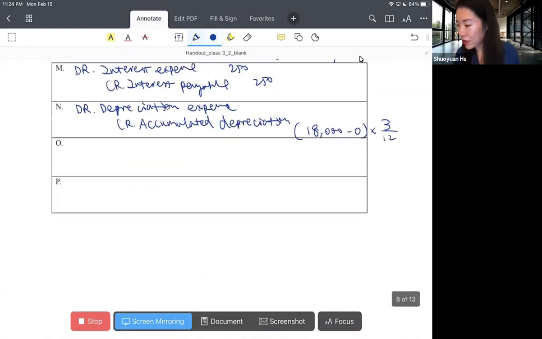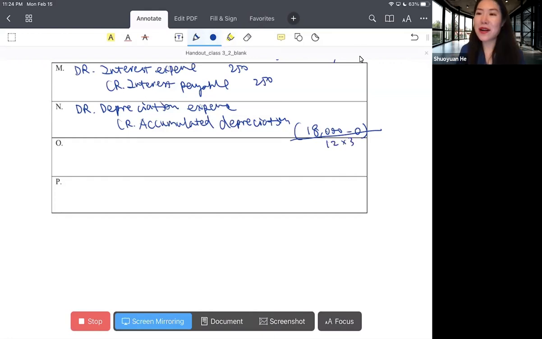Which means that 3 years, and then each year we have 12 months. So this is the depreciation expense for each month, which is 500.